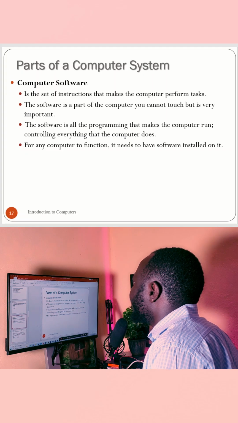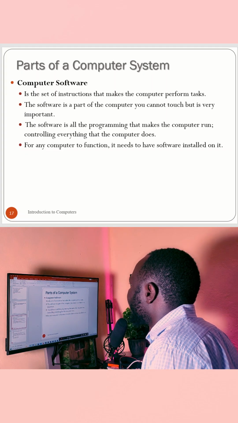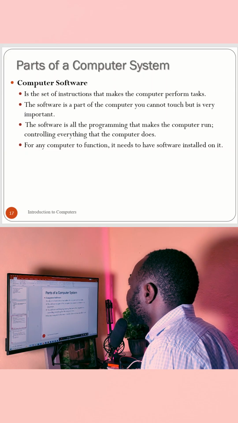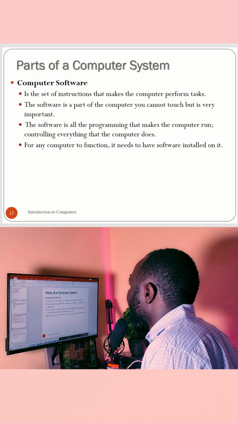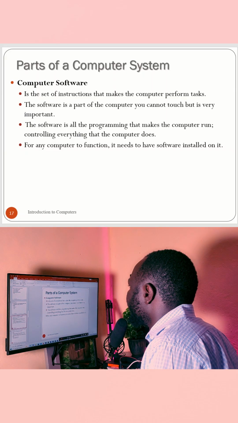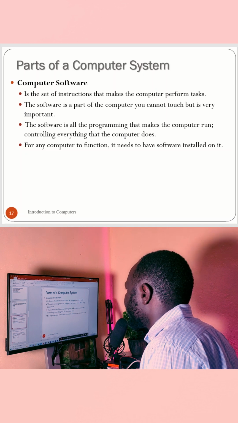Then we also have the computer software as the second part. It is a set of instructions that makes the computer perform tasks. The software is the part of the computer you cannot touch, but is very, very important. These are sets of instructions that tell a computer what to do and how to do it.